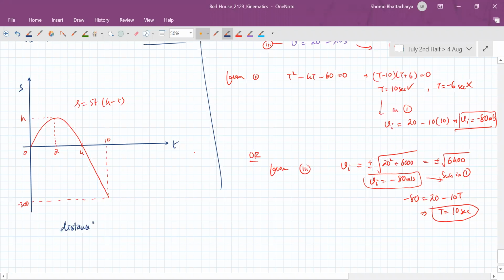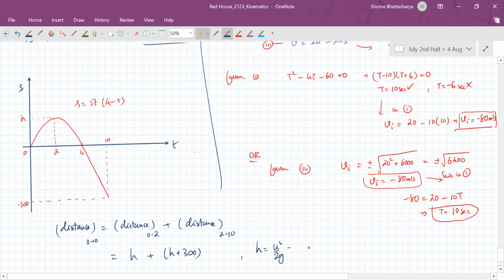So the total distance traveled from 0 to 10 seconds will be the distance it goes from 0 to 2 seconds plus the distance it travels from 2 to 10 seconds. So this will be h and this will be h plus 300. Now h we can calculate like this by the formula.